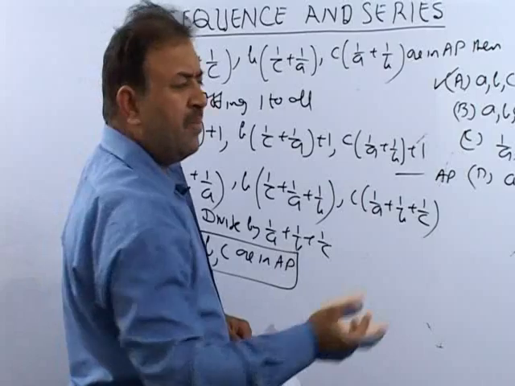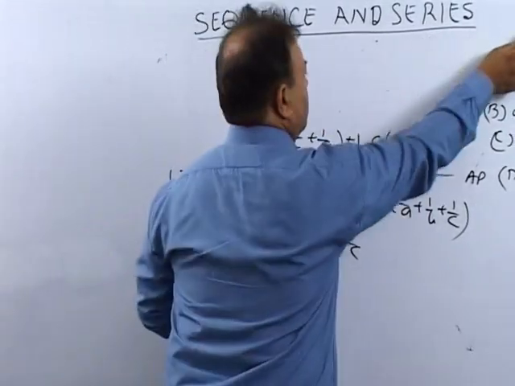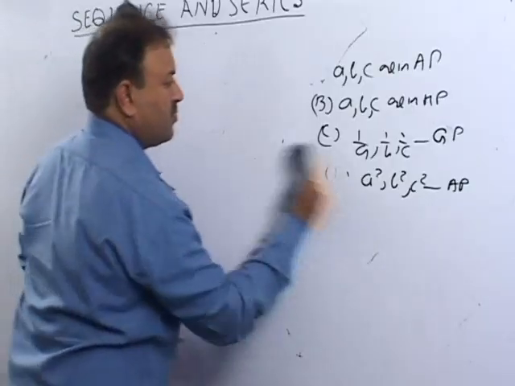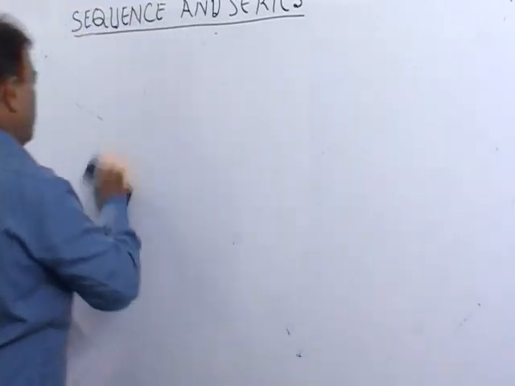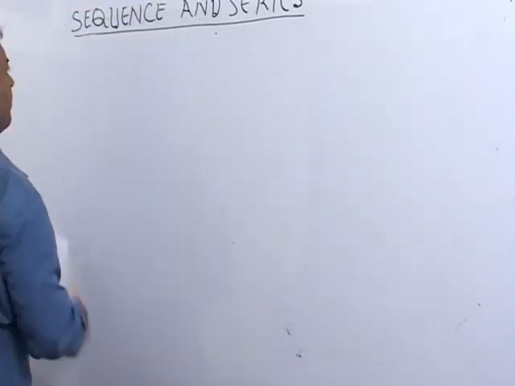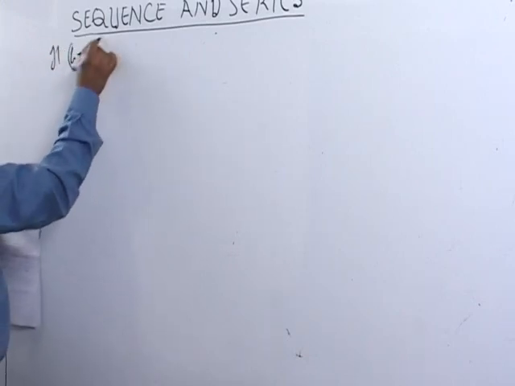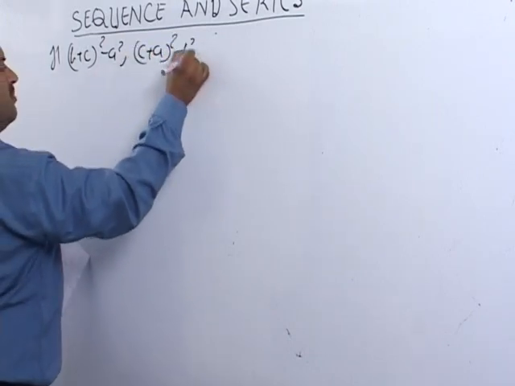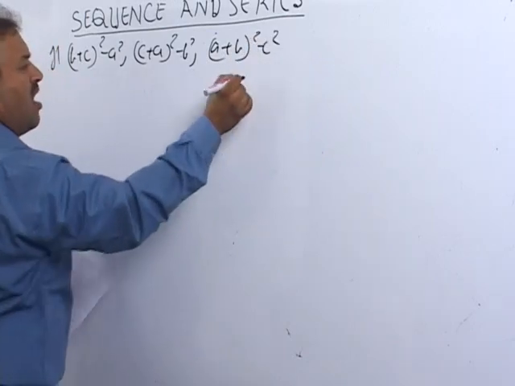One more example, I am taking it from my own. If B plus C the whole square minus A square, C plus A the whole square minus B square, A plus B the whole square minus C square are in AP.